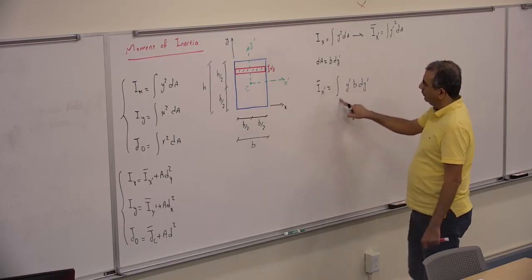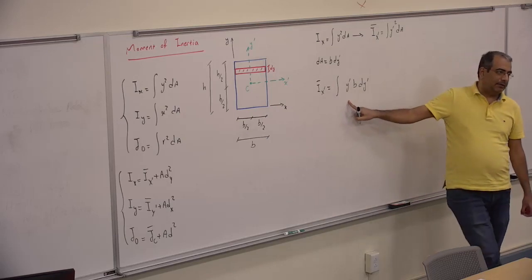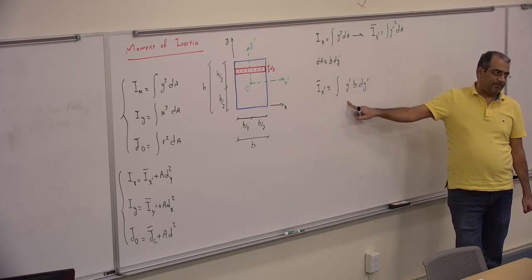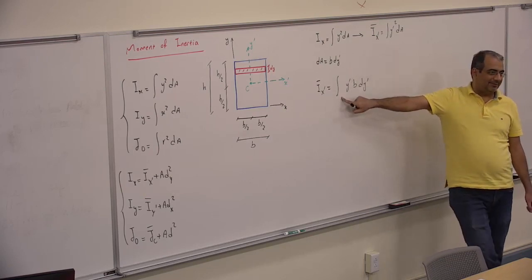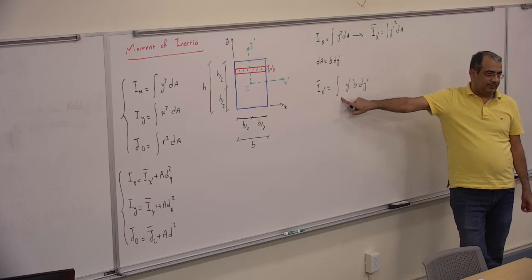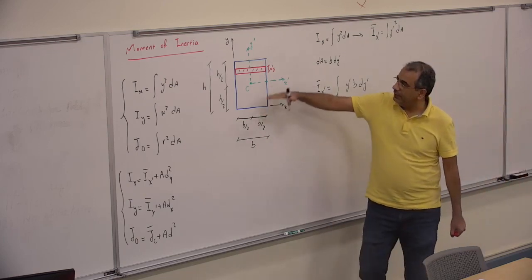Y prime is going from, integrating over y prime, 0 to h/2. Yeah, that's correct, but not this one. Okay, here. I want to integrate from here to here.